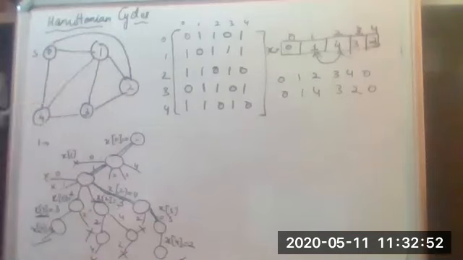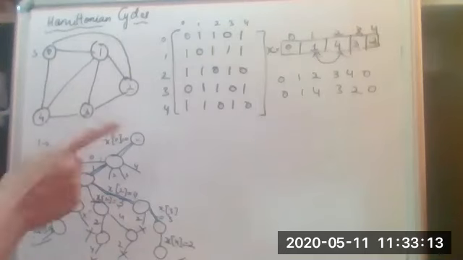So there can be multiple paths present. Let's see what all conditions we have taken care of. The first condition we were checking was whether you have a path there or not.